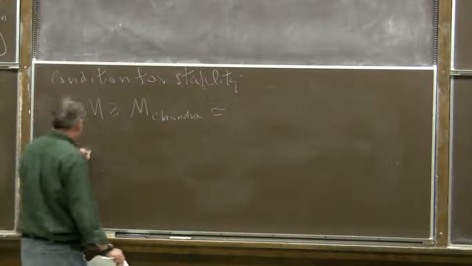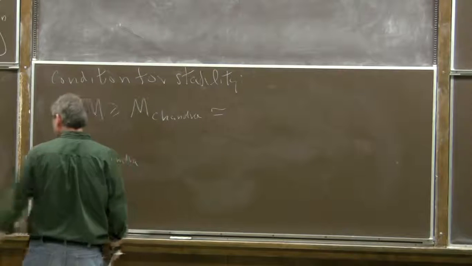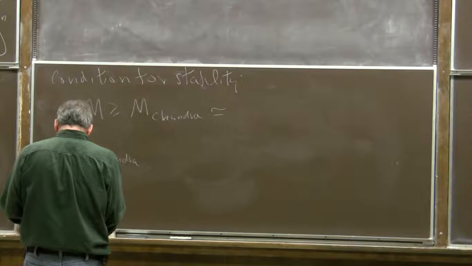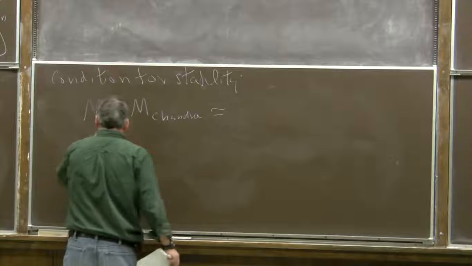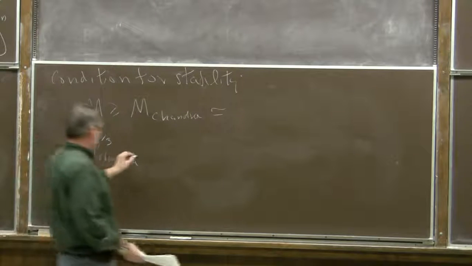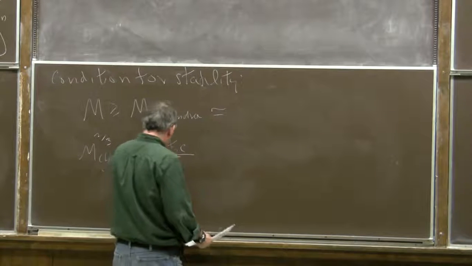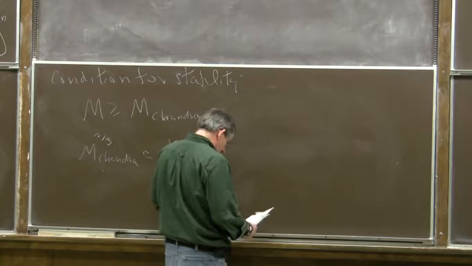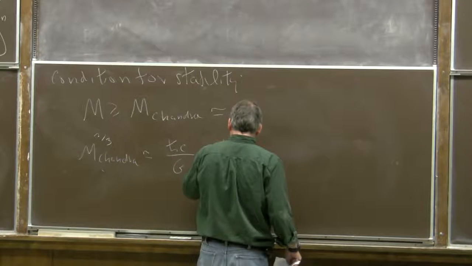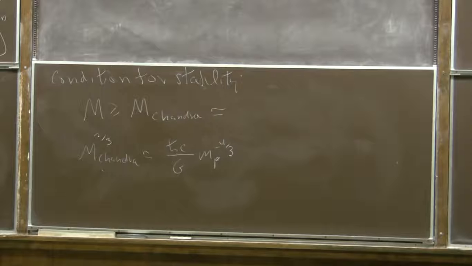Well, we've just seen that the Chandrasekhar mass to the 2/3, if I divide both sides by m to the 4/3, goes like h bar c divided by G, and then mass of the proton to the minus 4/3.